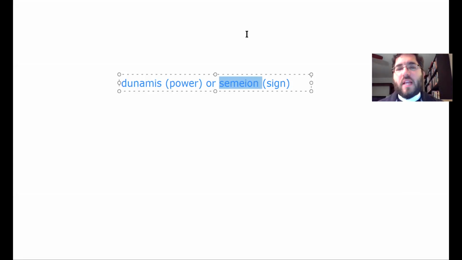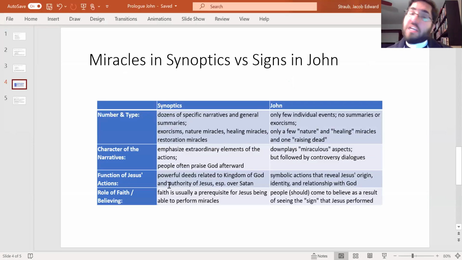This miracles versus signs is another major point of difference between these two different gospel accounts. So we have here miracles in the synoptic gospels versus signs in the Gospel of John. Synoptics in that middle column, John in the right.